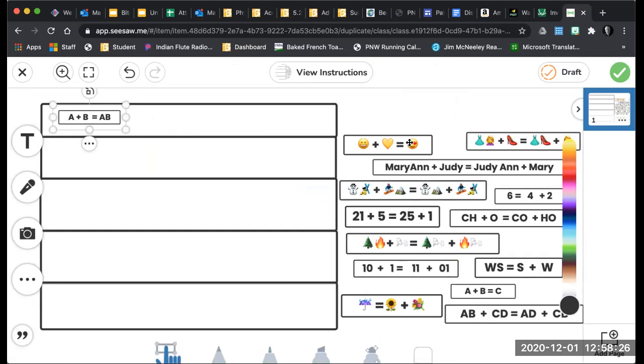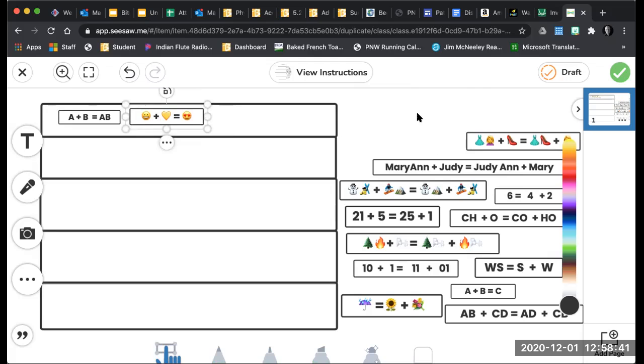Oh, all right, I have 2 things on the left side and 1 thing on the right side. Yeah, so those have a similar pattern. So that's what I want you to do. Find the 5 similar patterns.